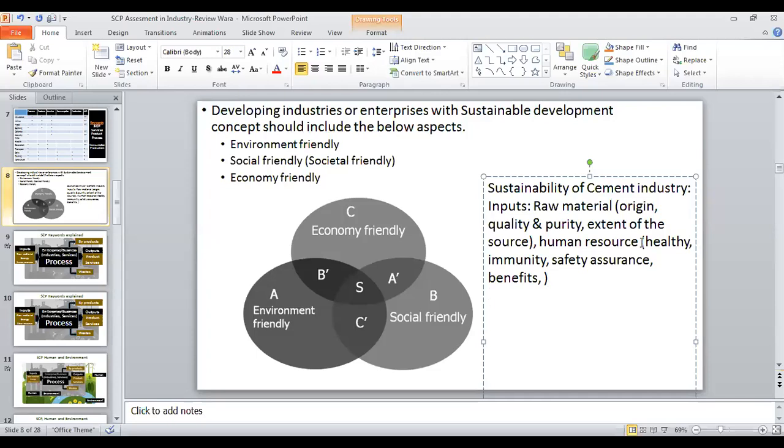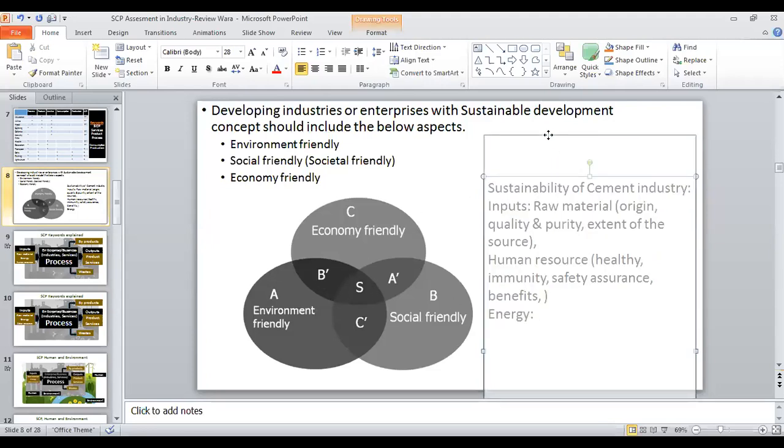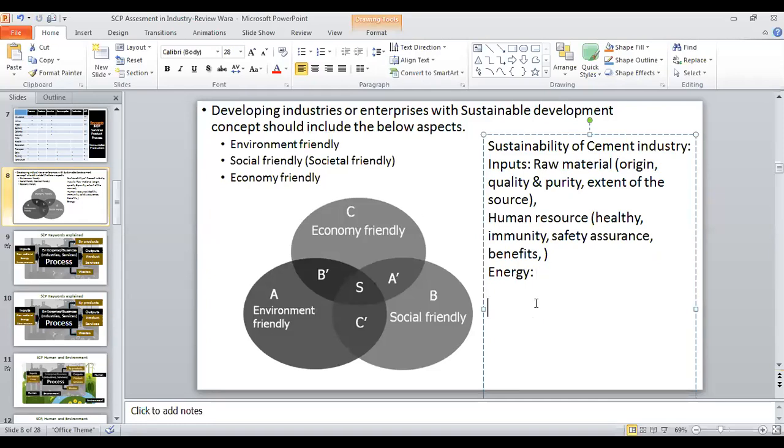Energy. Okay, this one is human resources. Then the energy. What kind of energy sources are you using? Those are important. That's how, for example, in the cement industry, you can work out improving the sustainability. So you assess this.